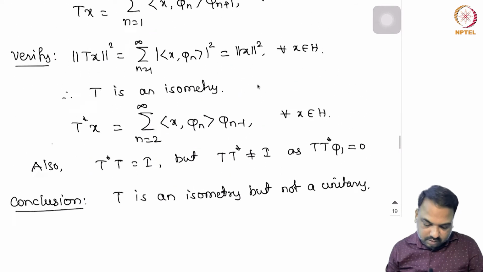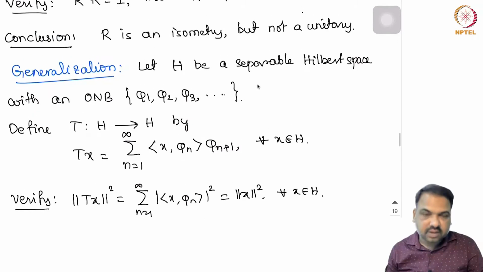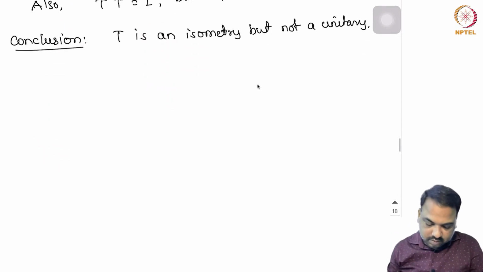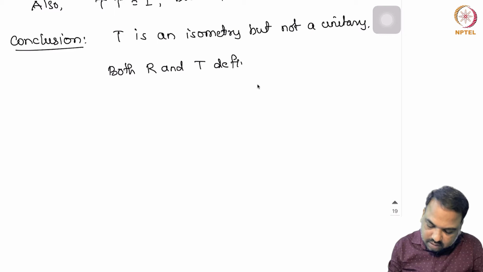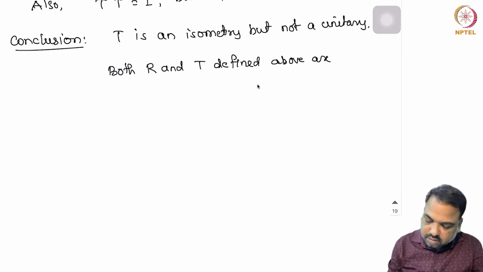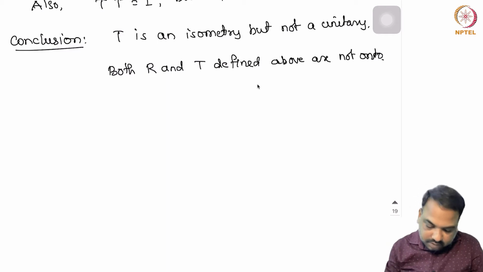Okay, if you look at these two examples, we can conclude that both R and T defined above are not onto, because in the first case E1 has no pre-image, in the second case phi 1 has no pre-image. So this is the observation.